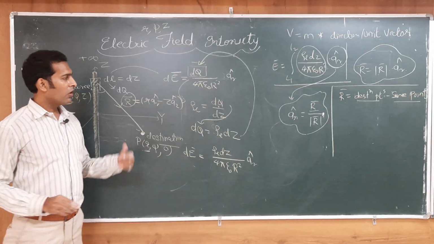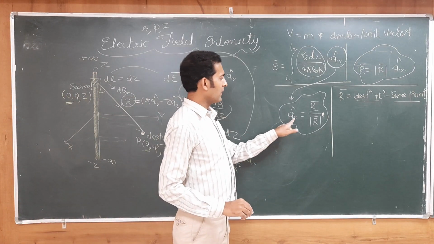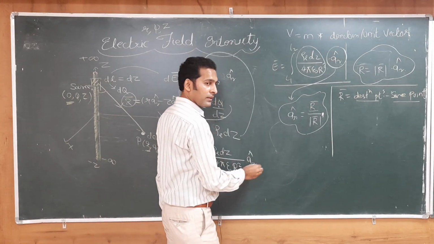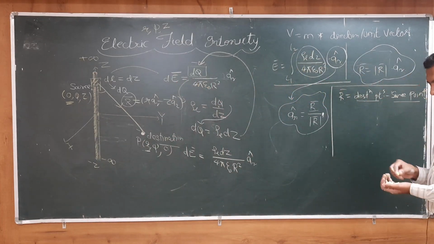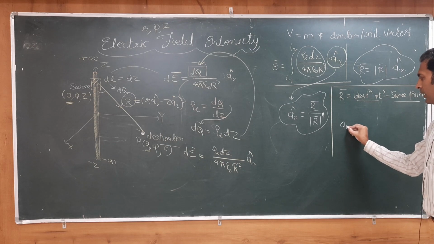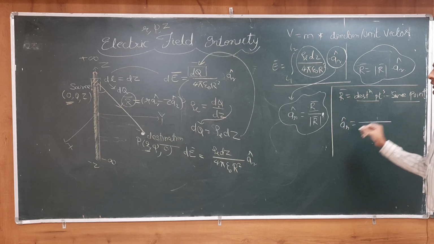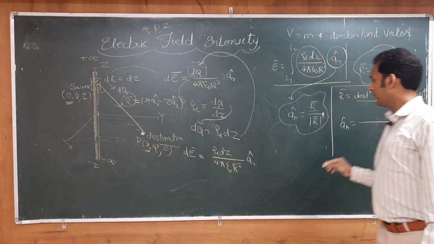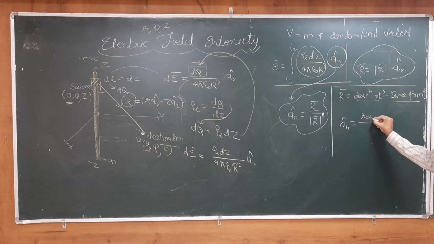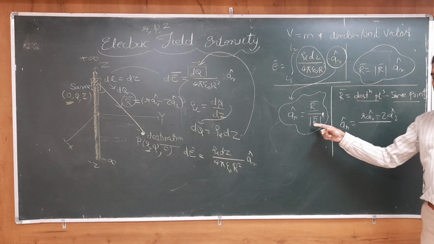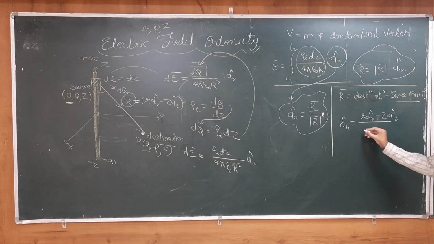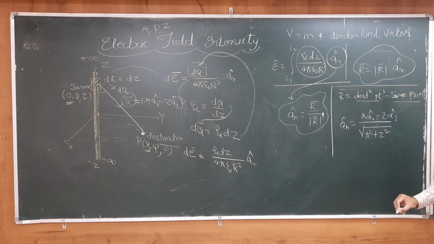So what will be the mod of r bar? Here we write r bar: r ar cap minus z a z cap. If we take the mod of r bar, it will be the square root of r square plus z square.